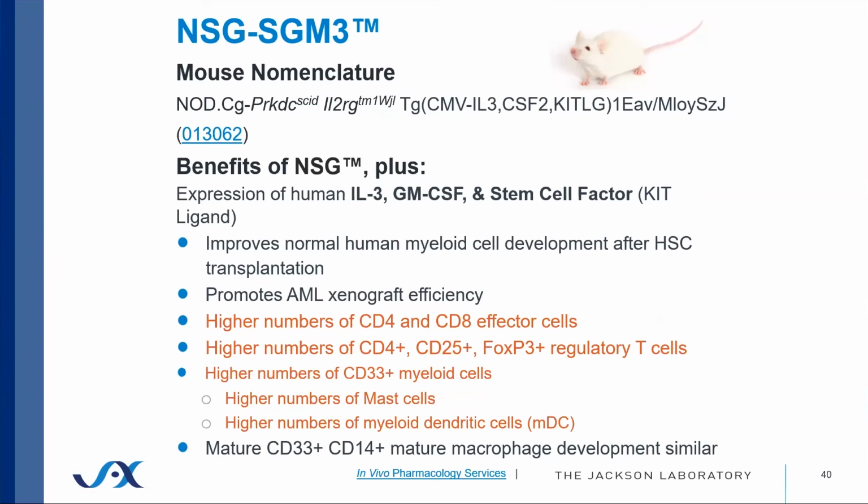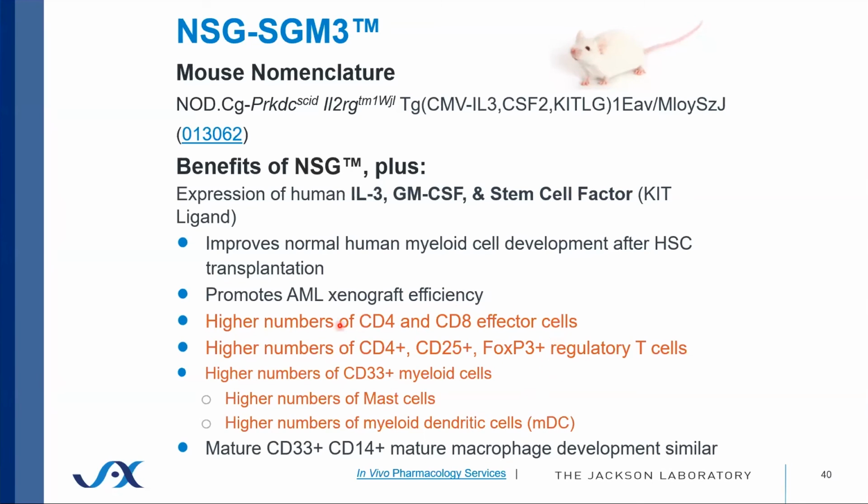So a little bit more about the NSG SGM3. We do tend to see higher numbers of T cells, including subsets such as CD4 and FOXP3 positive Tregs. Of course, you're going to see higher levels of myeloid cells, which is the reason that the strain was created, and myeloid lineage cells.